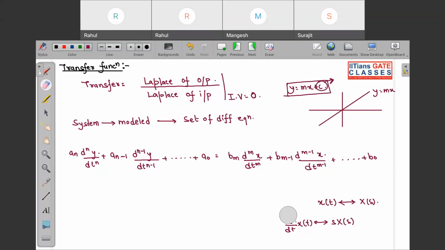So I can rewrite it something like this.